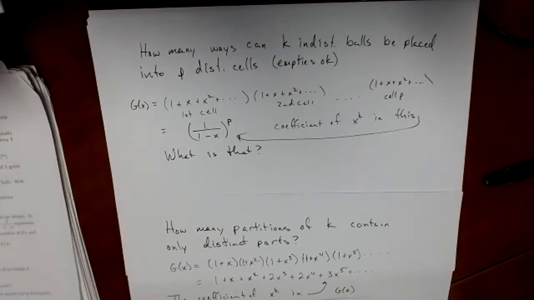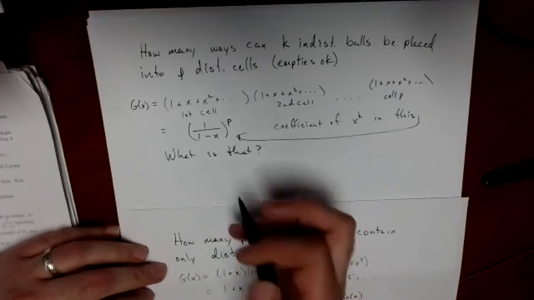Sometimes the answer is nothing particularly nice, but we know in this case that it should be something fairly nice. This is choosing with replacement, right? And so if anybody's looked it up, this should be something like p plus k minus 1 choose k, something like that. One of those forms, a couple of different ways we could say it.